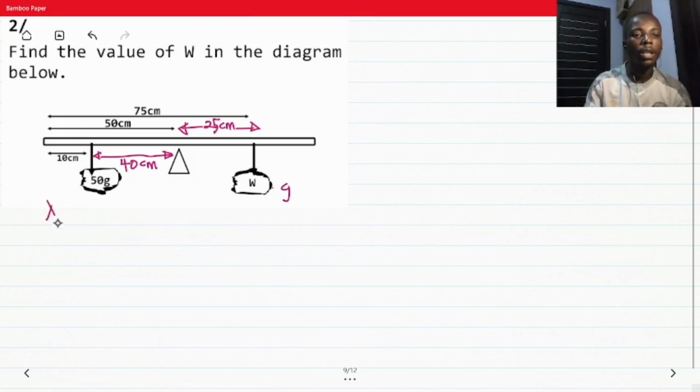And as we've done previously, anti-clockwise moment is equal to clockwise moment.